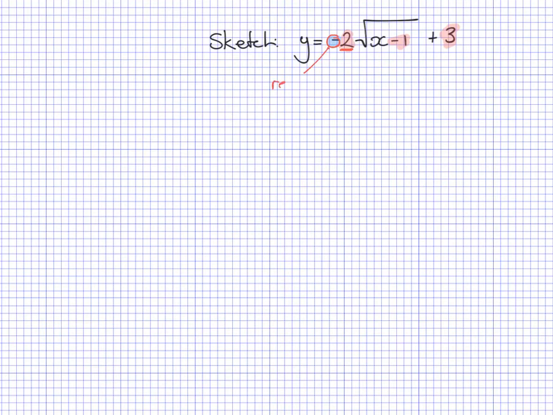So we've got reflection, we've got dilation, we've got translation and translation. So this is vertical and this is horizontal.